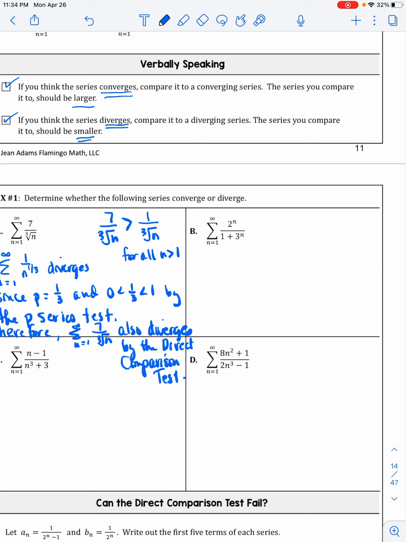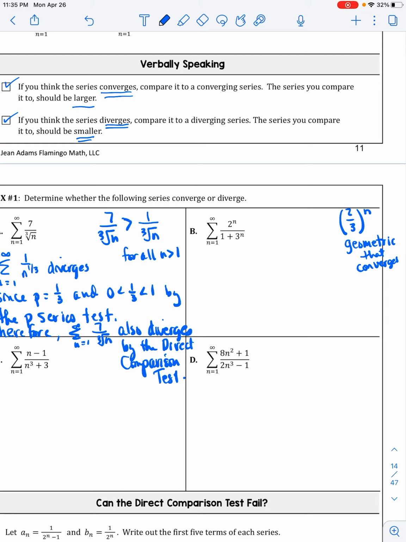Okay, and then part B, summation n equals 1 to infinity 2 to the n over 1 plus 3 to the n. So I'm wanting to compare this to (2/3) to the n. I know that this converges because this is geometric, and it has an r value that is between 0 and 1.